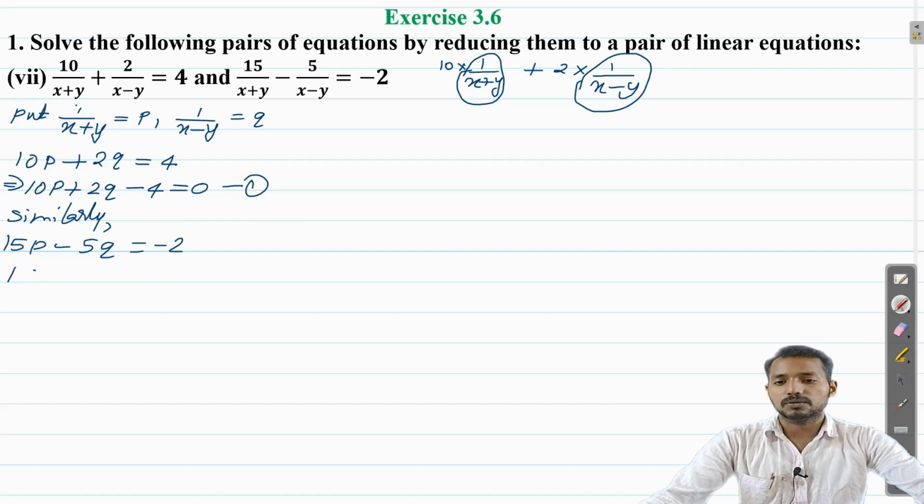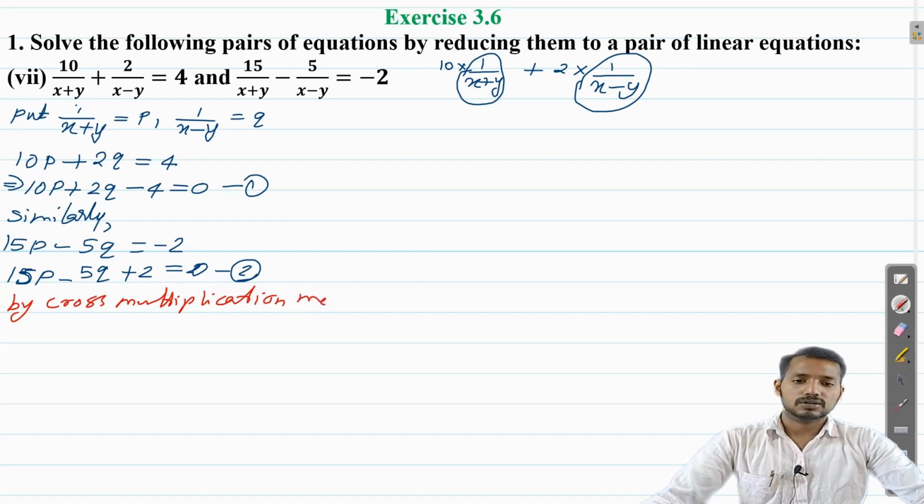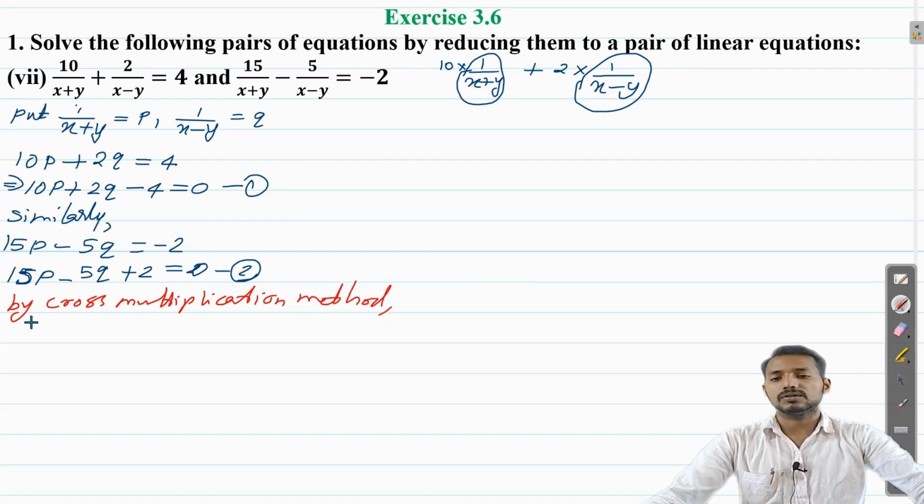Right, in the standard form: 15p minus 5q, minus 2 will become plus 2, which is equal to 0. That is equation number 2. So by the cross multiplication method, what will we get here?